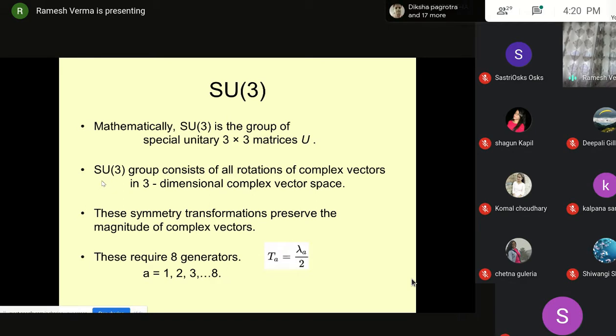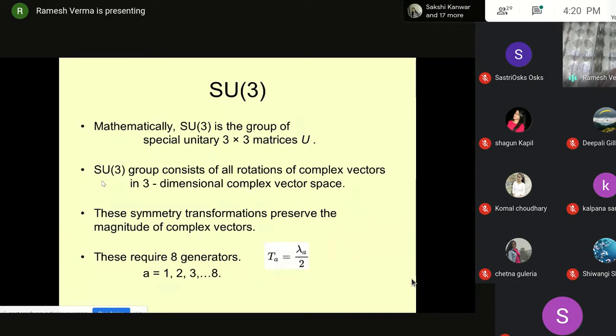If I remember, in nuclear physics, in the interacting boson model, groups like SU12 or so are also used. So we have to live with these SU(N) kind of things. And the idea is that this symmetry transformation preserves the length of the complex vector. It is exactly the same as rotation in ordinary 3 dimensional space.